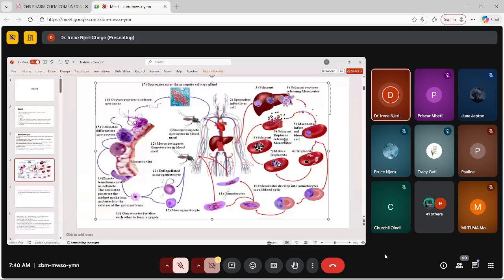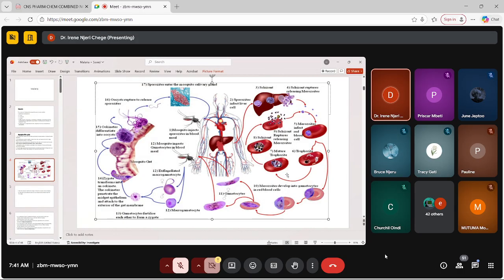So the schizonts rupture to release the merozoites. Let me just point out that the merozoites differ in species. So if you count the merozoites under a microscope, you can differentiate whether it is P. falciparum or P. malariae. Are we together?